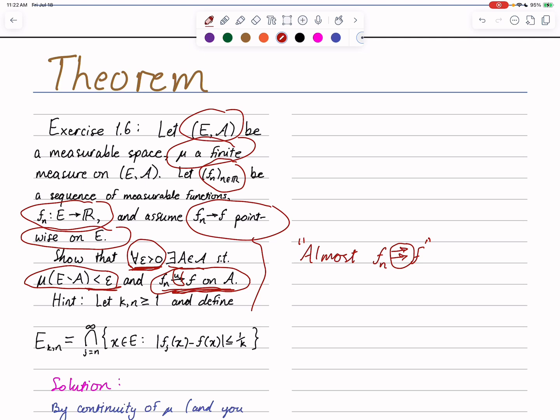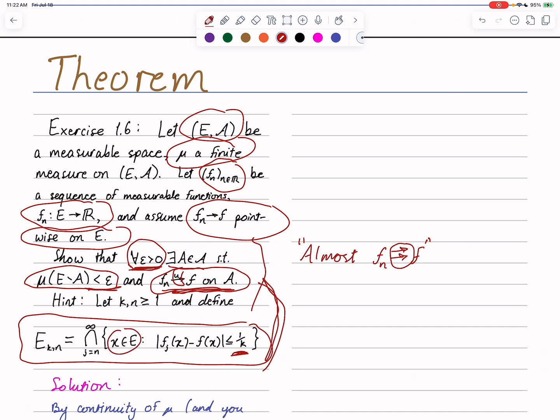And the textbook gives us a hint about how to approach the problem, and in particular, it gives us this sequence of sets indexed by both k and n. So n is going to be the starting index of an intersection, and k is going to control how far apart the functions are throughout the entire space, how far apart they are from each other.